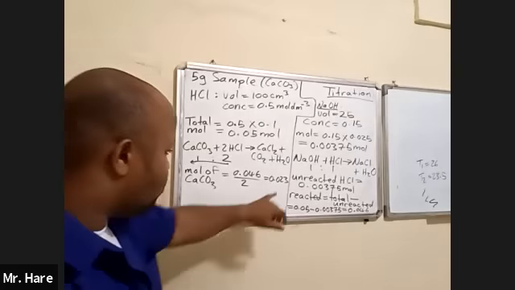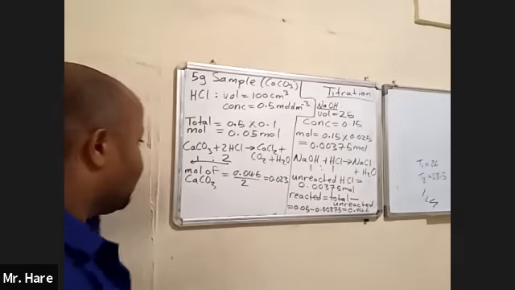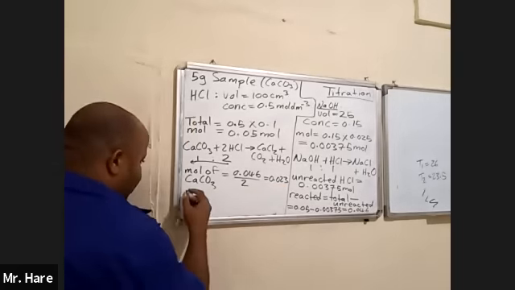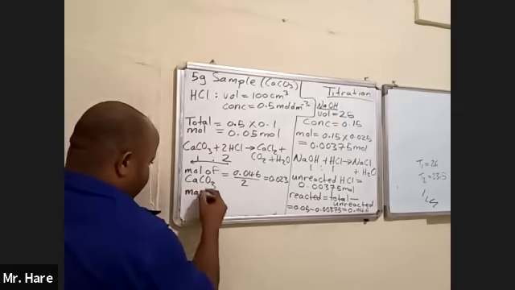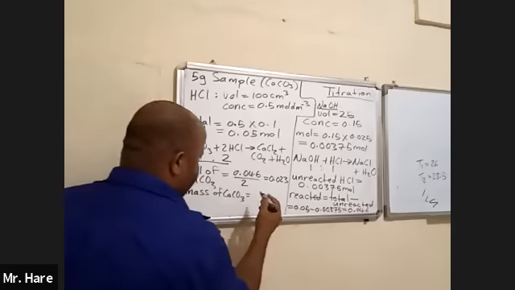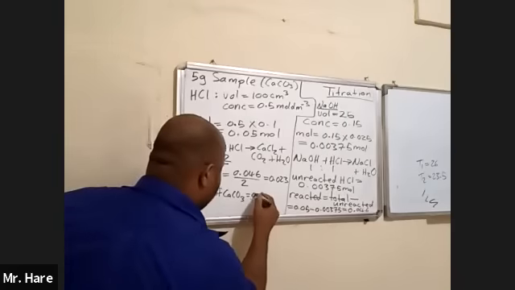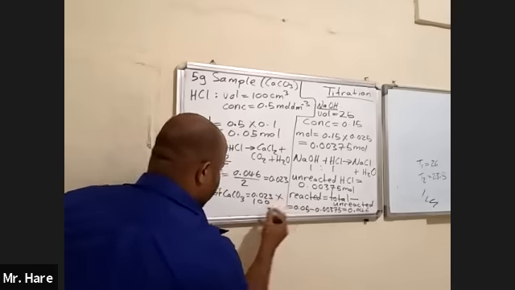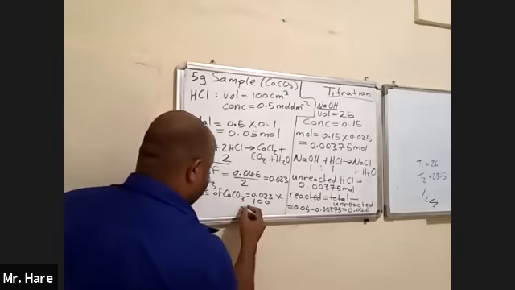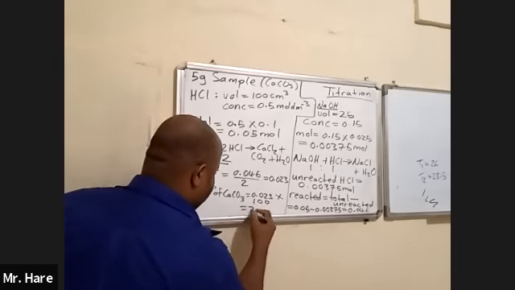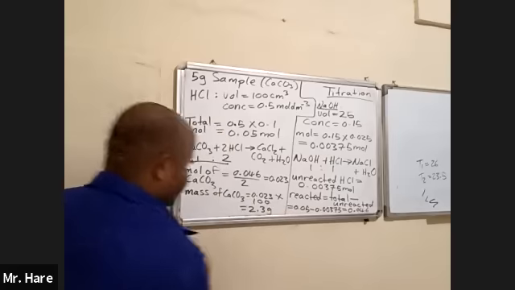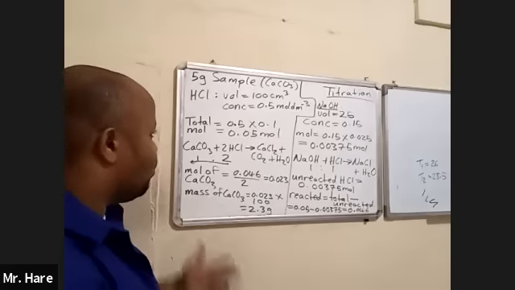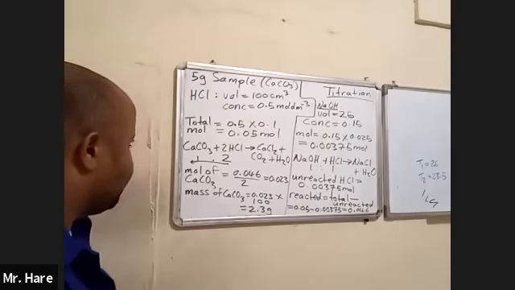So now that we know the mole of calcium carbonate, can we find the mass of calcium carbonate? Yes, sir. Mole times the molar mass. That is correct. The mole times the molar mass is 0.023 times 100. And that would give us 2.3 grams, right? Good? Yes, sir. And so if we want the percentage now, how would we get the percentage?